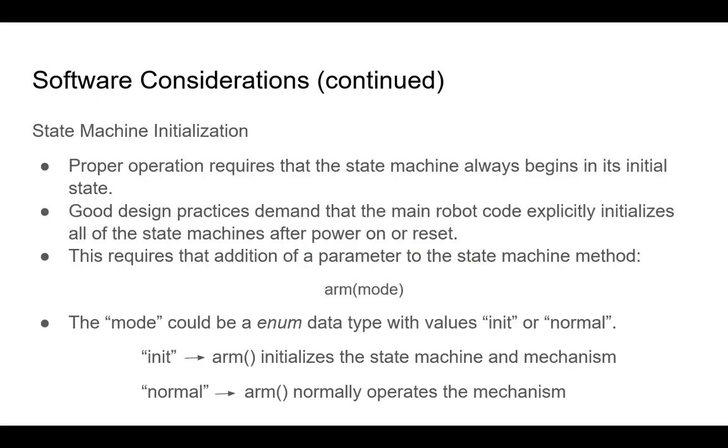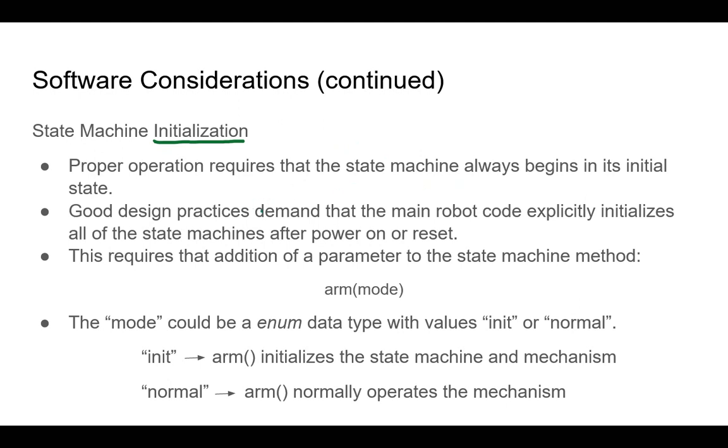Okay, so let's look at some other things on software considerations. One of the things that needs to happen in a state machine is you have to initialize it. You have to make sure the state machine starts off in its initial state, and maybe any private variables within the state machine are set up correctly. So we have to always begin in an initialization state.